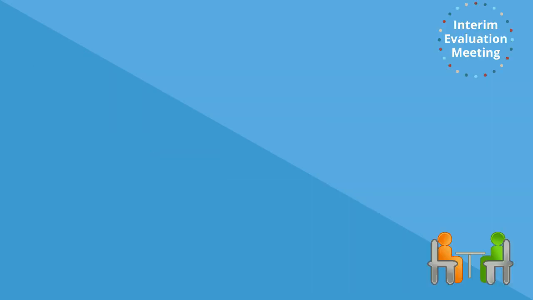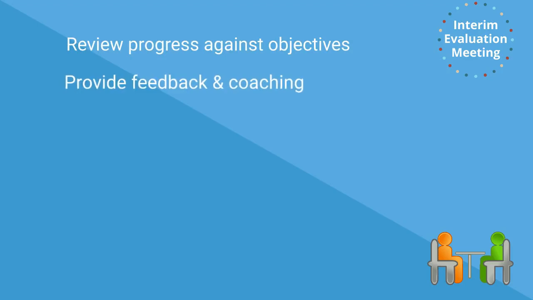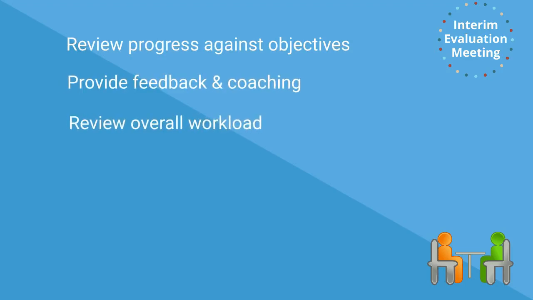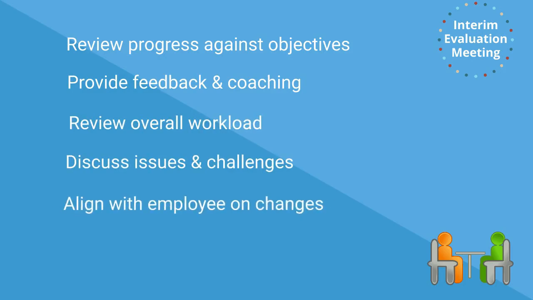The main items to cover at the interim evaluation are: review progress against objectives, provide feedback and coaching as needed, review the employee's overall workload, discuss issues and challenges faced by the employee, align on any changes to the objectives and the priorities for the remainder of the year, and record all relevant information on the performance management template.